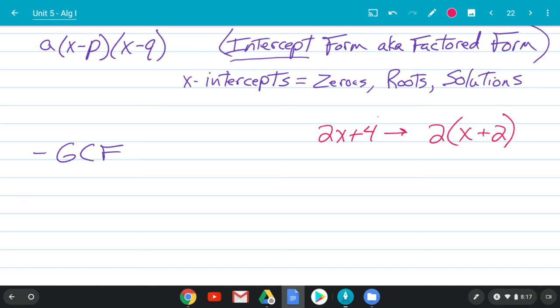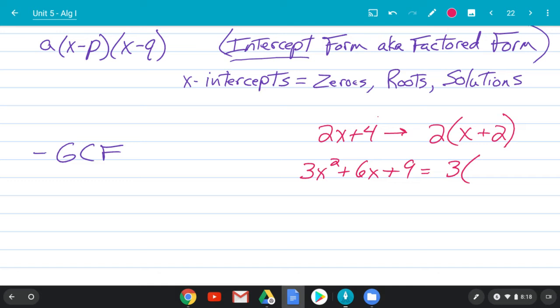How about this one? 3x squared plus 6x plus 9. Does anybody see a GCF in that one? Absolutely. 3. Good. So I can pull out a 3. And what's left on the inside? 3 times what gets me 3x? What am I really doing here?